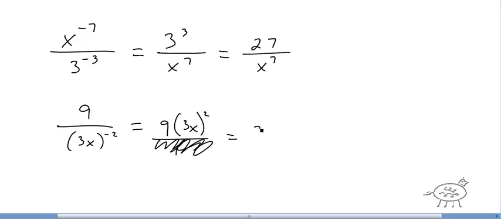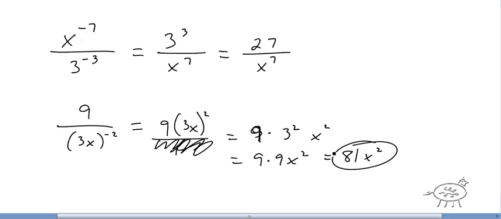So it's the same thing as saying 9 times 3 squared, x squared. So it's equal to 9 times 9, x squared, or 81x squared. That's your answer. Okay? Pretty mellow. Let's try another one here, kind of similar to that.